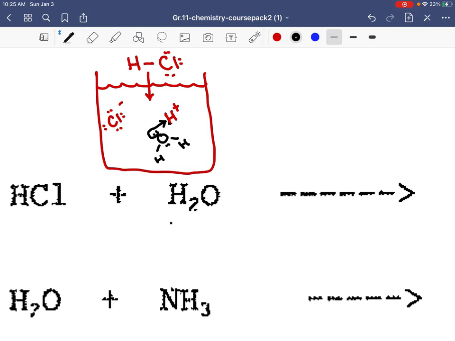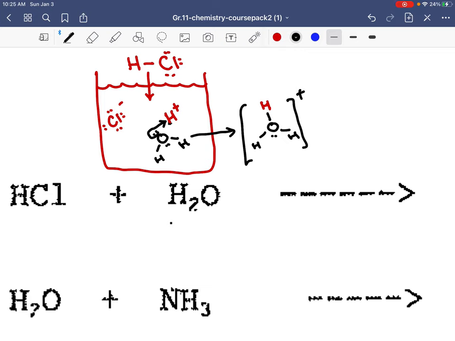As a result, we become this right here. Let's call us hydronium ion.